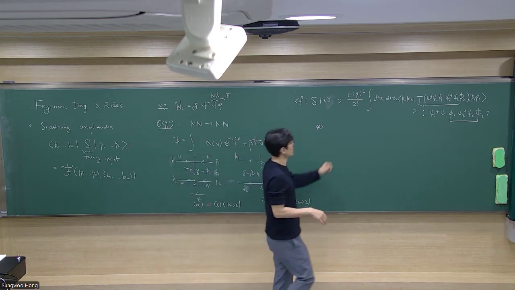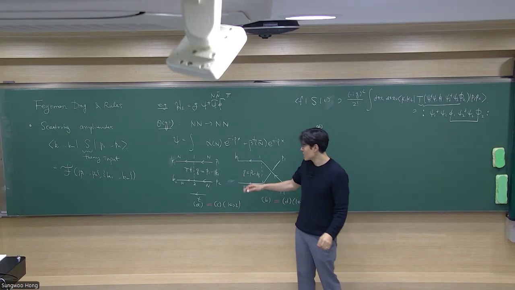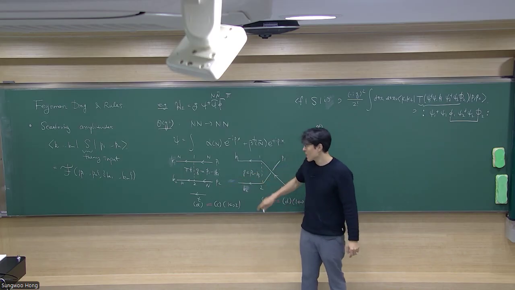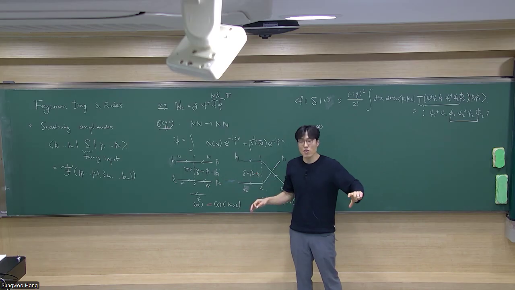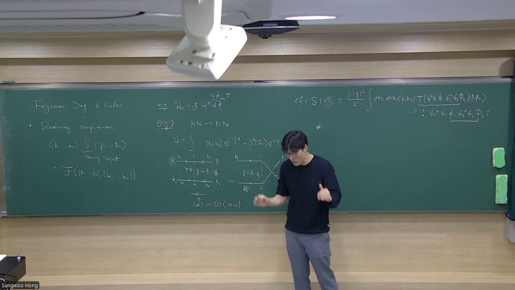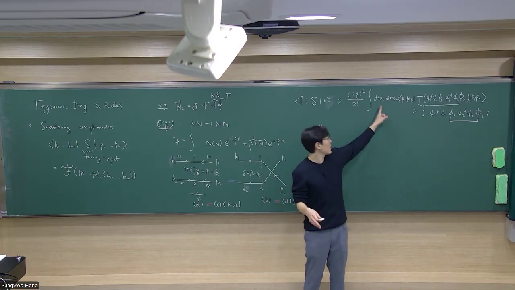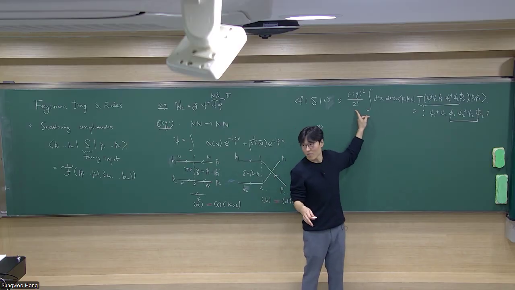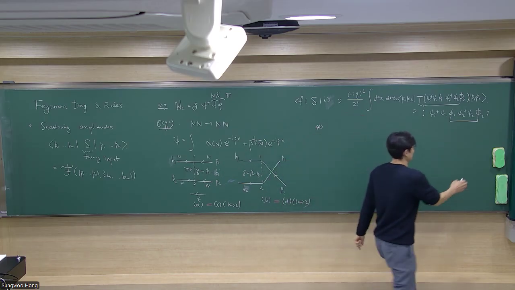That is always guaranteed to cancel the 1 over n factorial. So the lesson is that in the business of Feynman diagrams, you care about the momentum configuration. You don't worry about the vertex permutation. You just need to draw one Feynman diagram for a fixed momentum configuration. Vertices are automatically taken care of by this factor. That's good. Okay?